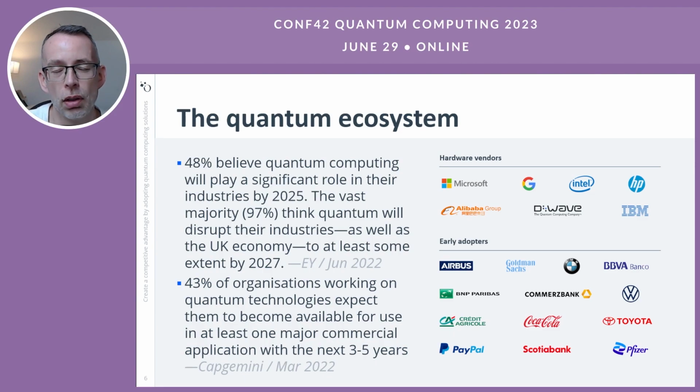Virtually everybody thinks that in the long term there will be serious disruption, as in improvements that can get you a competitive advantage or can get your competitors a competitive advantage across all industries. And a lot of companies are already starting to pay attention and are expecting relatively short-term impact, systems out there that will help them do their business better based on quantum computing.